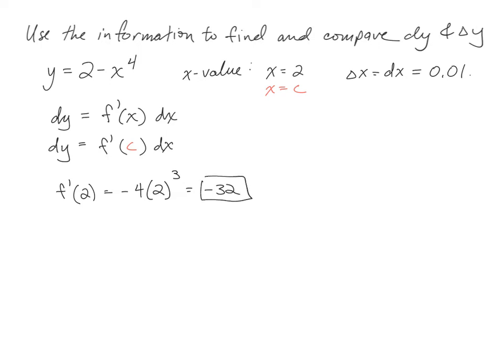So this is f prime of c. We also know that dx is 0.001, which would lead to a very easy multiplication here. Negative 32 times 0.01 is negative 0.32.